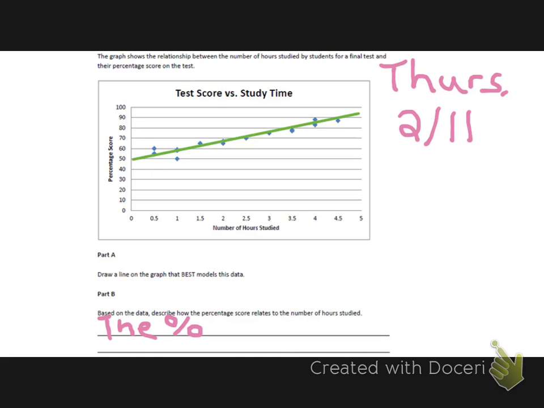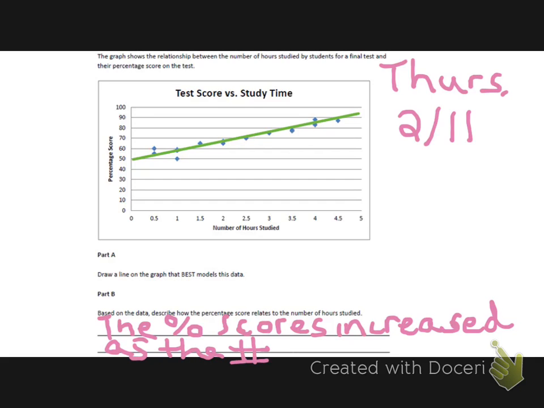The percentage scores increased as the number of hours increased.